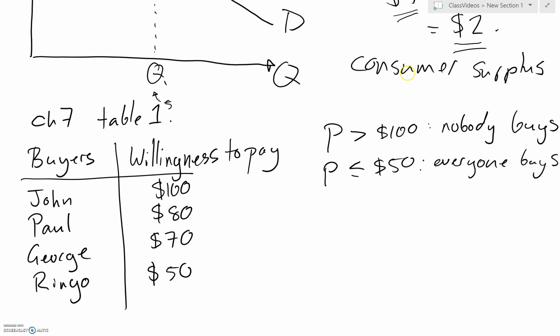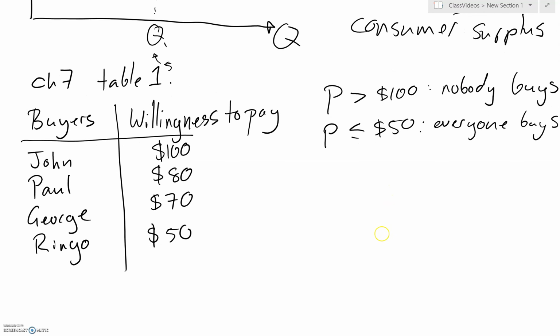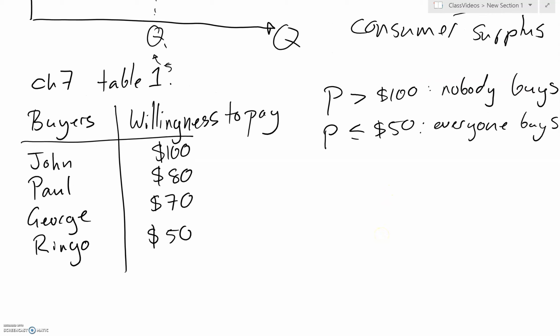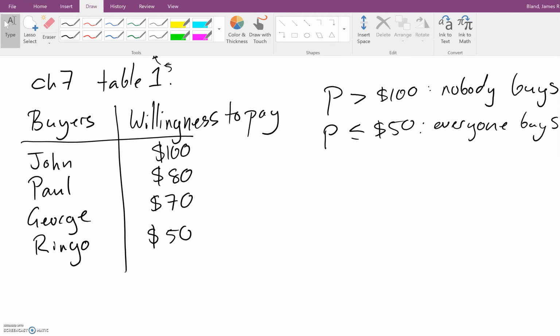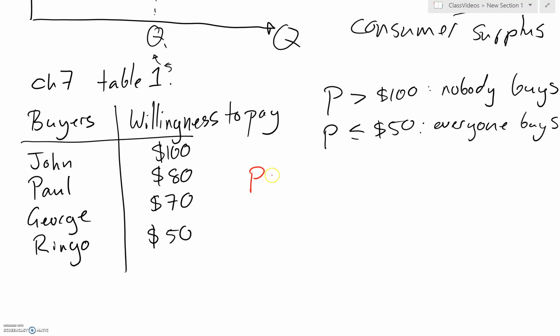But somewhere in between, there are going to be situations where 1, 2, 3, or 4 of these people buy the good. Okay, so let's start by working out what happens if the price, I'll go to a different color here just so you can see this example, is equal to, let's say, $75.